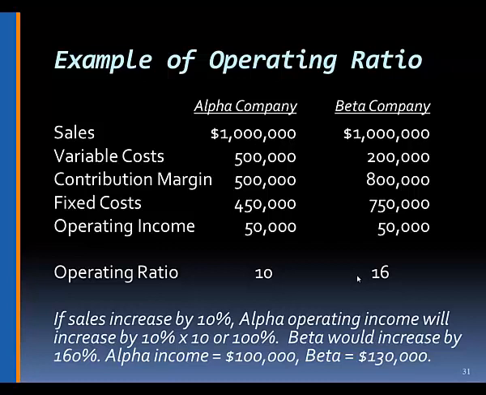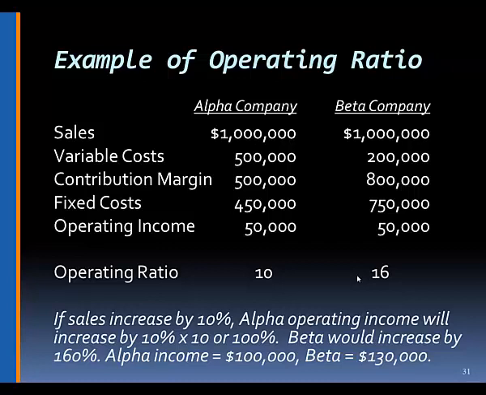So let's assume that the sales increase by 10% in each firm. To get the change in operating income, you multiply the 10% increase by the ratio. So in the case of Alpha, it's 10% times 10, or 100%.